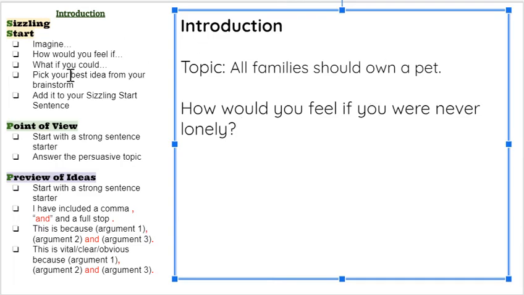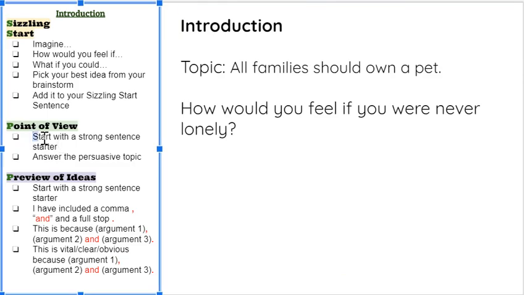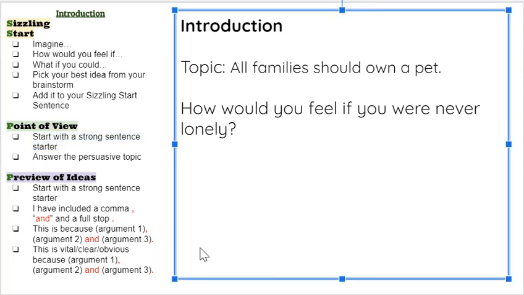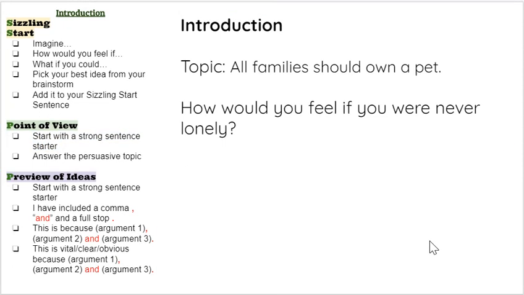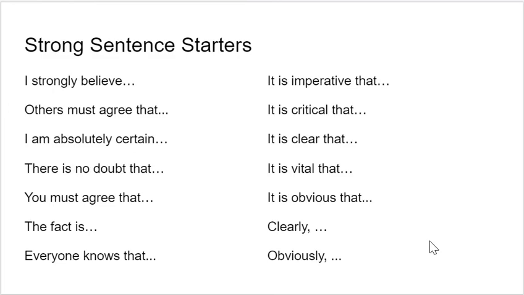Done. The next thing that we are going to do is the point of view. This is where you've got to pick a strong sentence starter and you've got to answer the persuasive topic. I've put some strong sentence starters in this next slide.